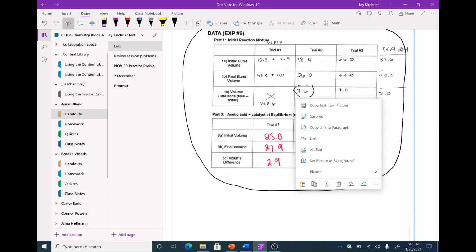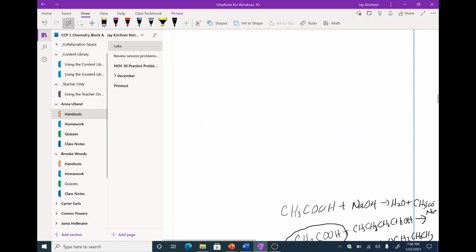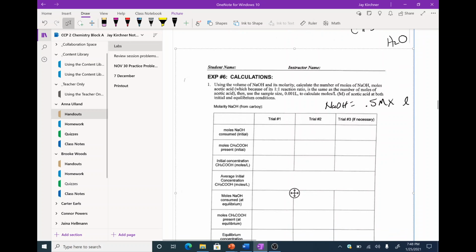We call it trial 2, but we'll call it trial 1 for the next one, and 7.0. So we'll take 0.5 times 0.0076, and then 0.5 times 0.007.